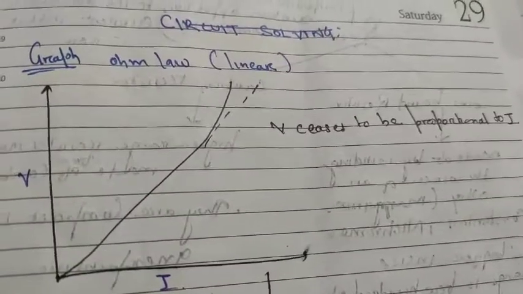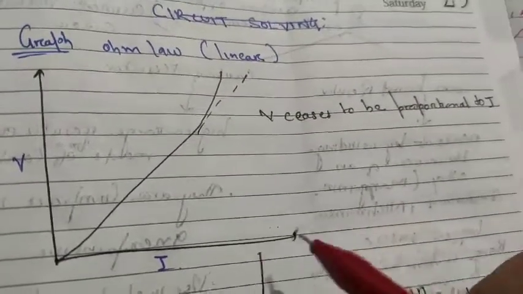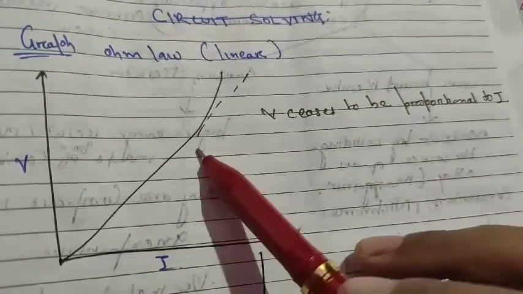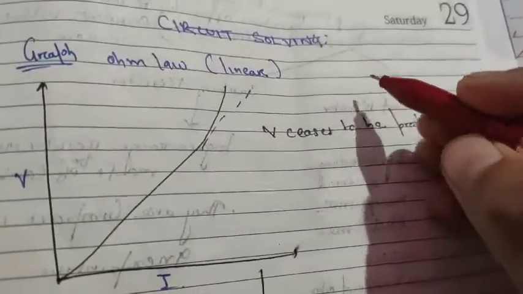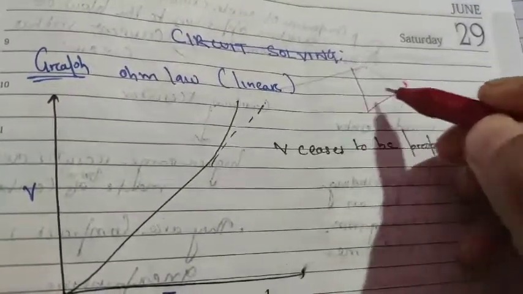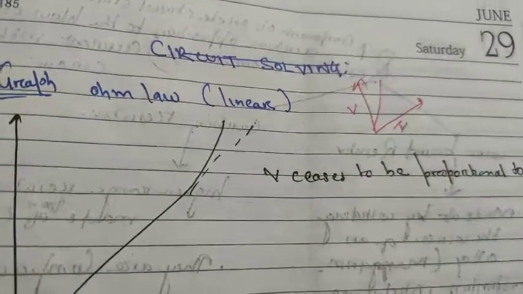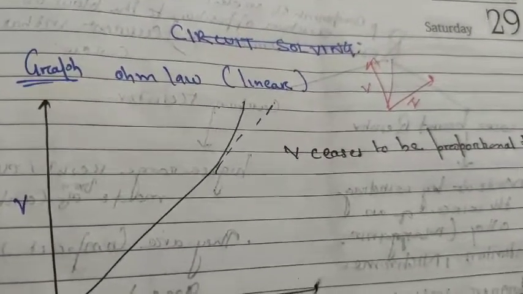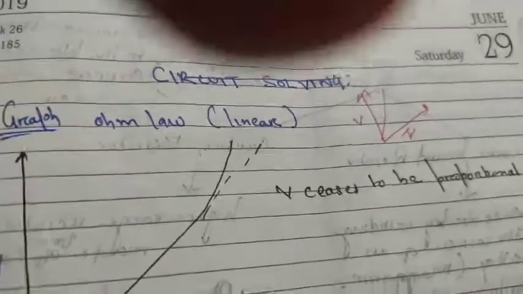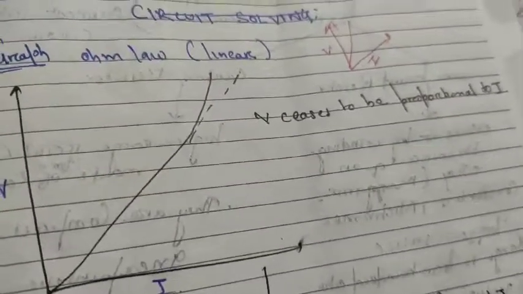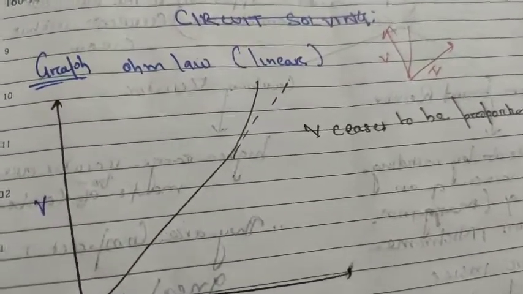Then we will move to the graph. This graph is basically the Ohm's law graph. In smaller classes, in class 10, you have seen the graph is something like this: V versus I, a straight line. But afterward we found materials such as semiconductors and superconductors, and we saw that this graph is not suitable for all materials.